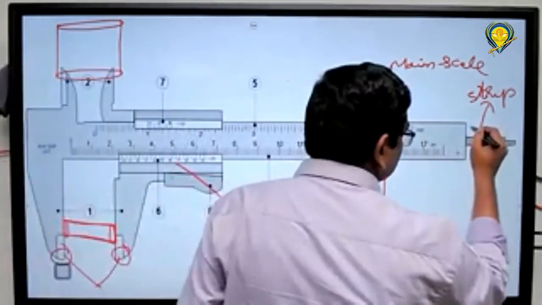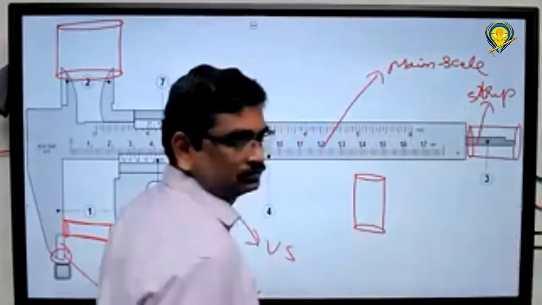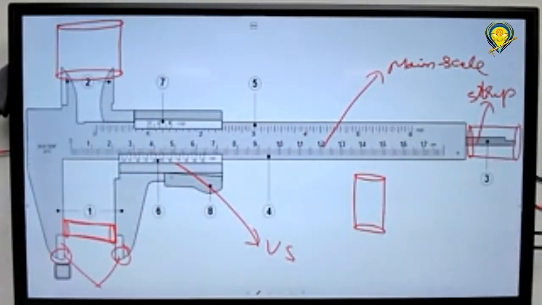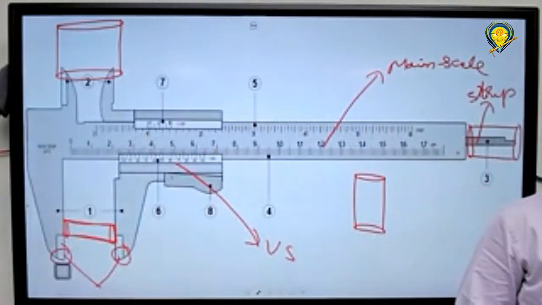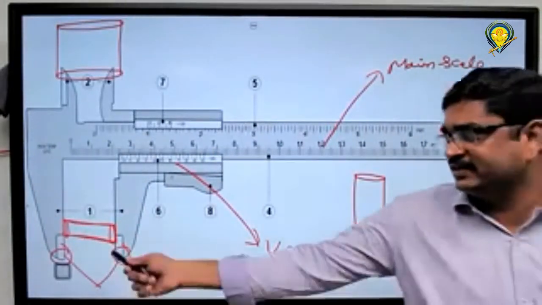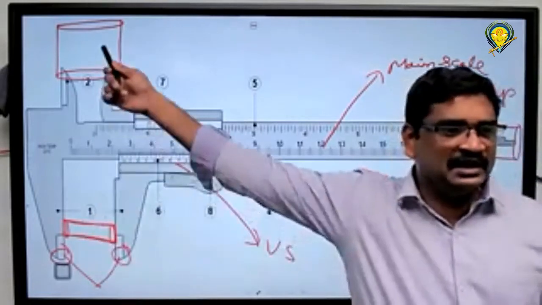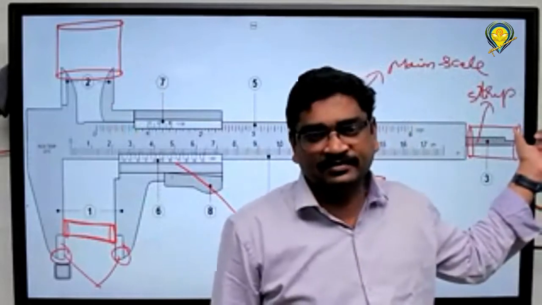Here we need to place. This is the purpose of vernier calipers. By using vernier calipers, we can measure length as well as internal diameter as well as depth. To measure length, we fix here. For internal diameter, we fix here. For depth, we fix here.